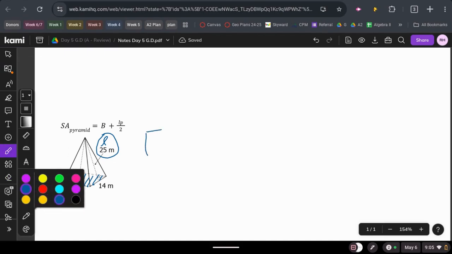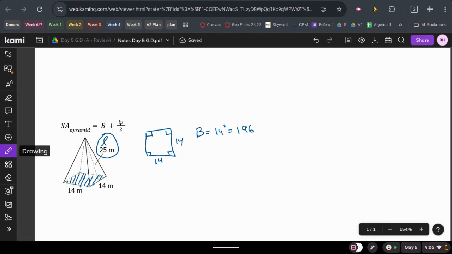So I'm looking at my base, and I've got a square that is 14 by 14. In order to find the area of this base, the capital B, I need to multiply 14 times 14, or 14 squared, to get 196. From here, I need to figure out the perimeter of the base. Perimeter is just adding up all the sides of your figure. So it's the amount of distance that you have to travel when you go around the figure.